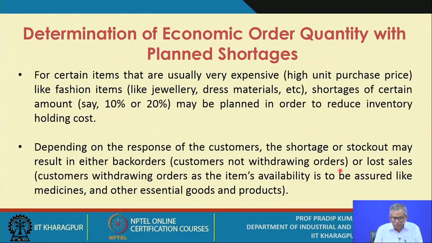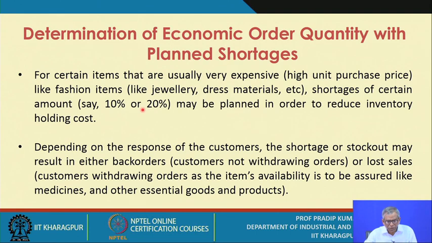If the item is very expensive, shortages of such items may be planned in order to reduce inventory holding cost. Obviously the shortages cannot be 100%; it may be 10% or 20%, and obviously you make sure that even if there is shortage, there is only back ordering, not lost sales.